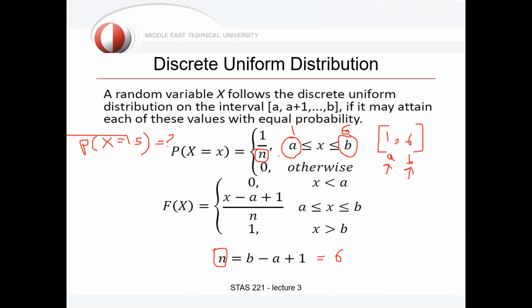Now for other problems, not just throwing a die, if you change the value of A and B, you can receive a different distribution as a uniform distribution. Okay, so we can call A and B here parameters of this distribution, because by changing their values you can receive a totally different distribution. So whenever you hear me talk about parameters, it's related to that. And in our next lectures we will also talk about parameters and statistics and the differences between them.